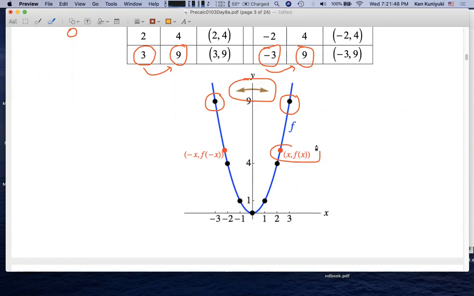Anytime (x, y) is on the graph, (-x, y) is also on the graph.